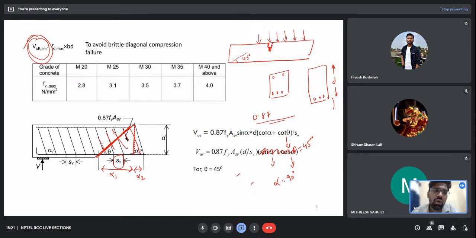So these are the two things I do when my moment of resistance is less than the design moment coming onto the beam.